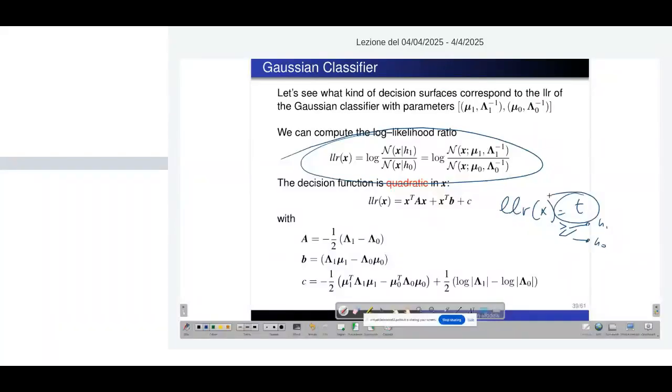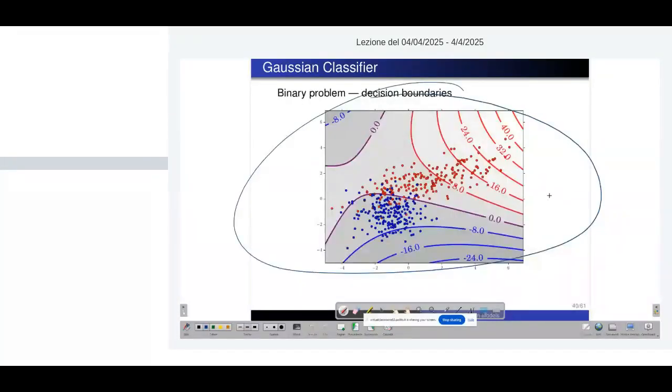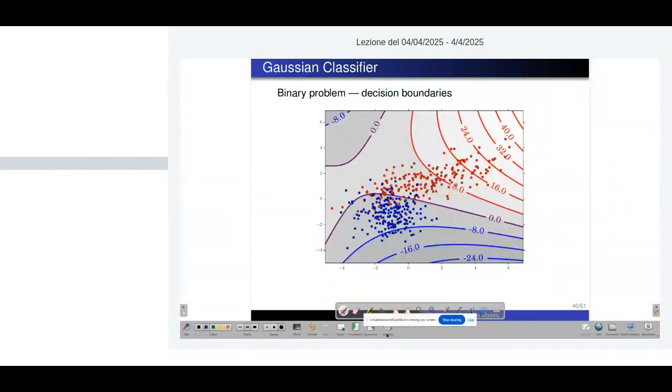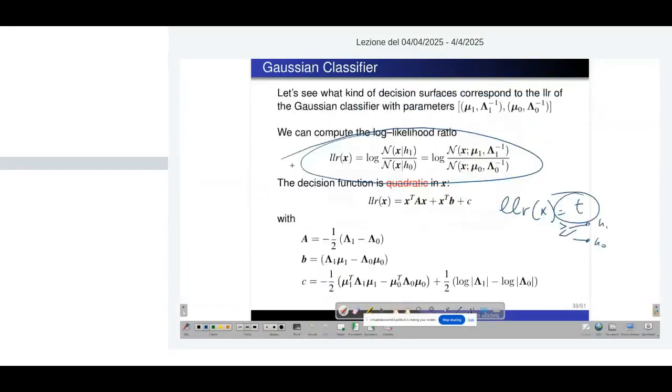It's the boundary between the two regions in space. For example, if we set t equals 0 for this problem, the separation boundary corresponds to this set of curves. Here is class red, and outside is class blue. And we've seen that this kind of model is able to provide separation surfaces that are quadratic, because the log-likelihood ratio is a quadratic form.